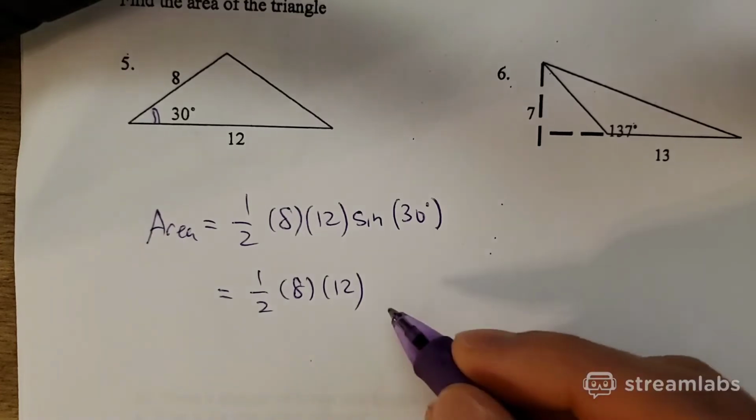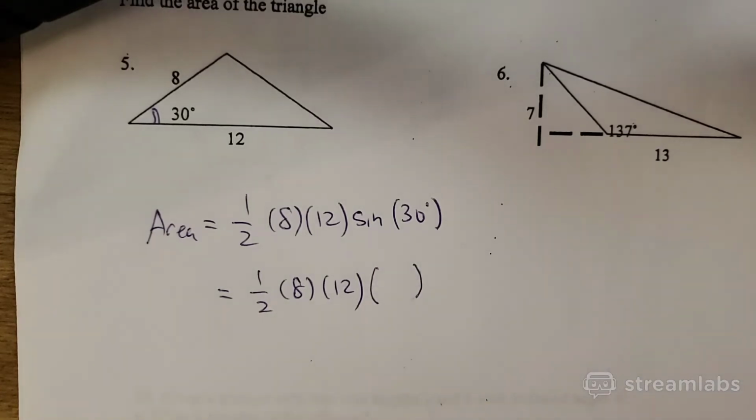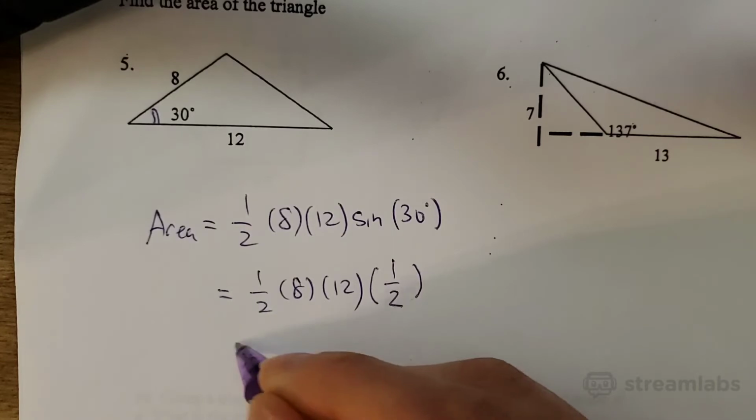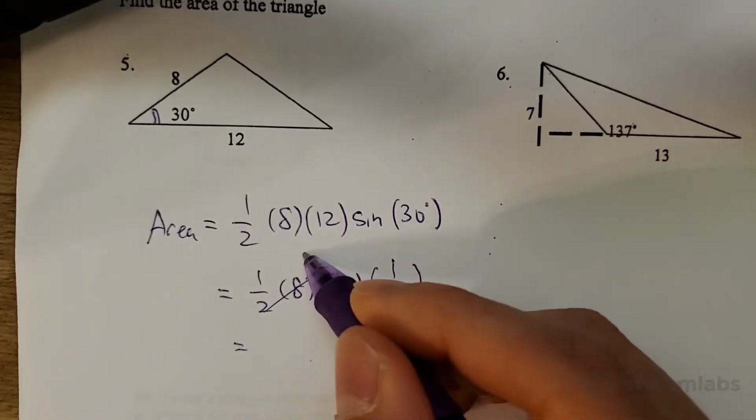Please tell me you guys know this. What is sine 30 degrees? 1/2. 1/2 is correct. Okay, so together you'll get 24.